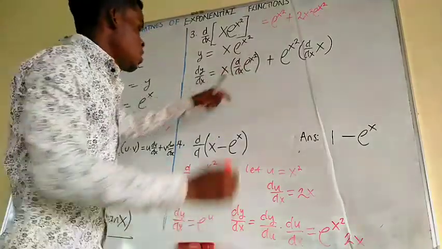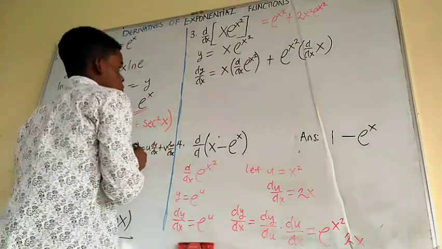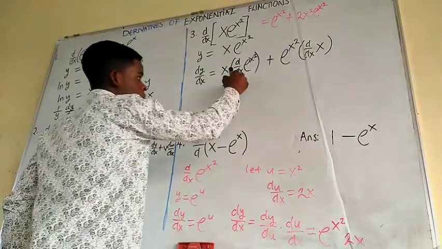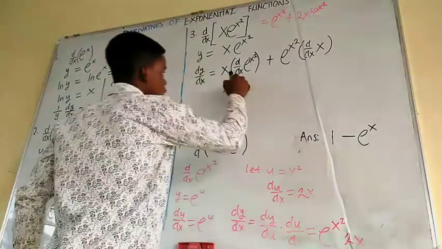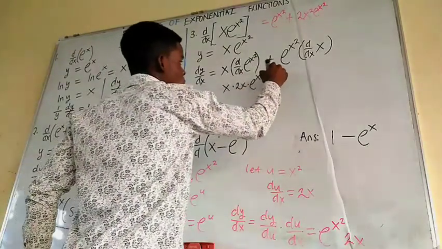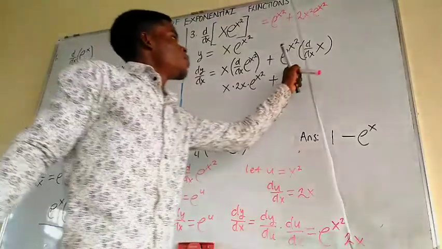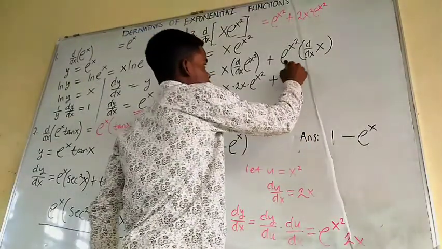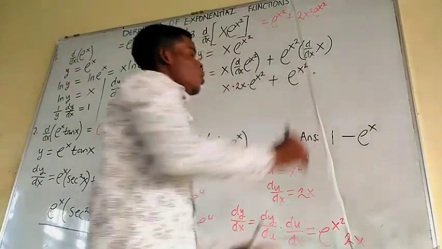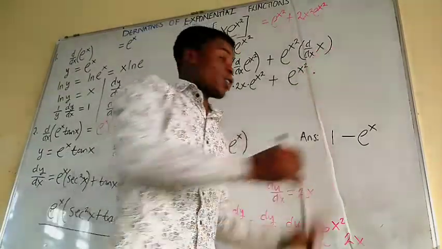So we just bring that in right here. We're going to have x times 2x times e to the x to the second power plus, here we can just have this out like this, e to the x to the second power times, well, the derivative of x with respect to x is just 1.